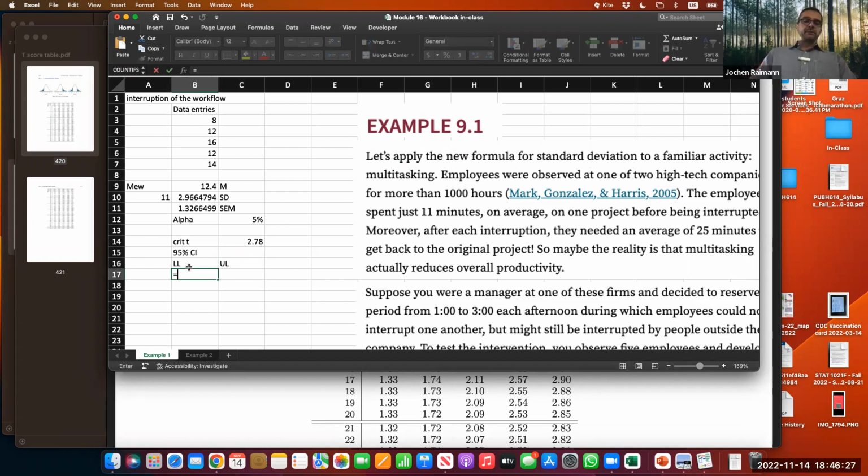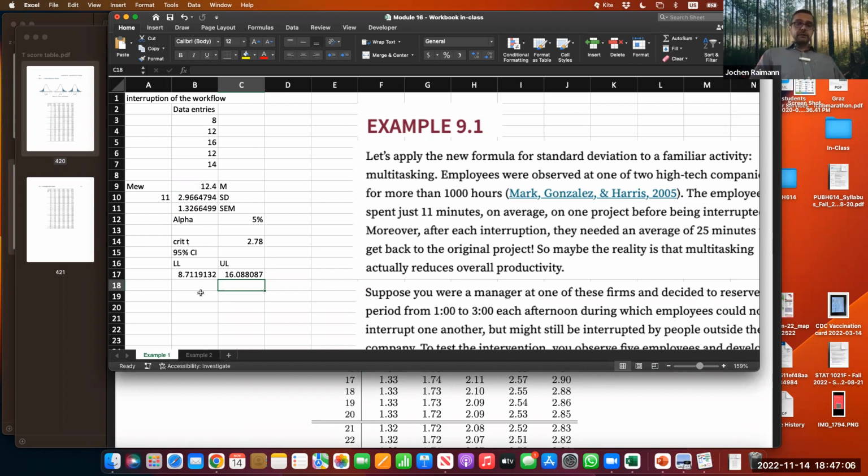The lower limit is our sample mean minus 2.78 multiplied by our standard error of the mean. The upper limit is our mean plus 2.78 multiplied by our standard error of the mean. We're seeing now a 95% confidence interval from 8.7 to 16.1. And we want to know whether this is significantly different from our mu.